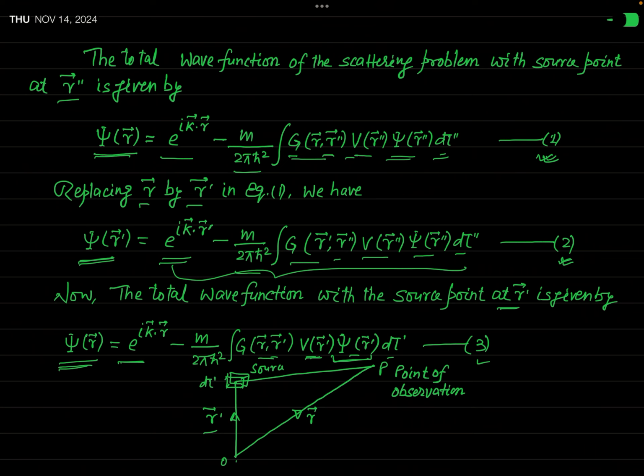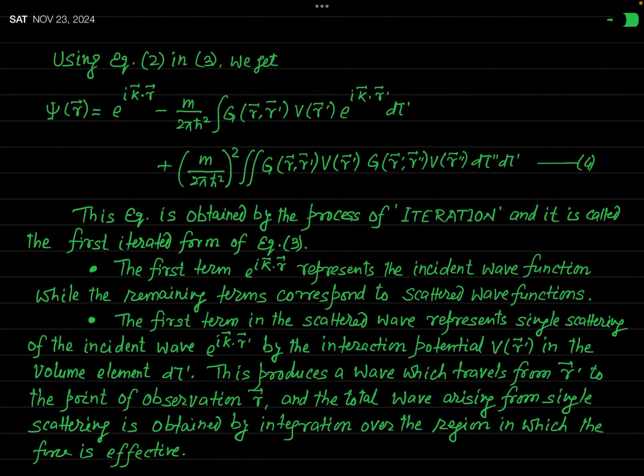And in the second term, you can see this m over 2 pi h bar square and this m over 2 pi h bar square will be multiplied, and both terms are negative, so this will become positive, and that will be m over 2 pi h bar square whole square. Now this integral term will be written, so you can see I have written it here. This is easy to see.